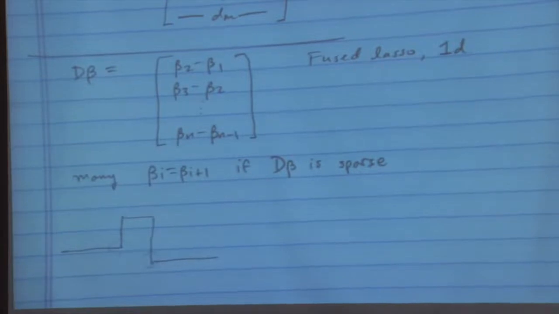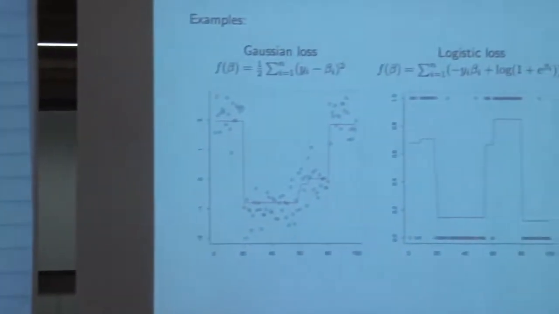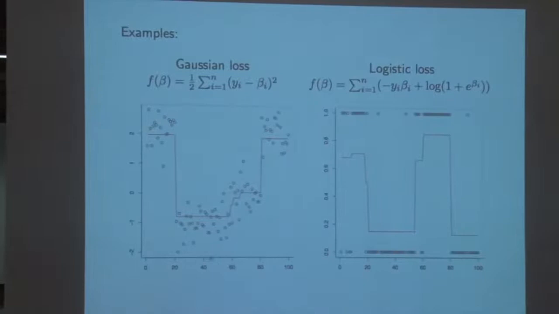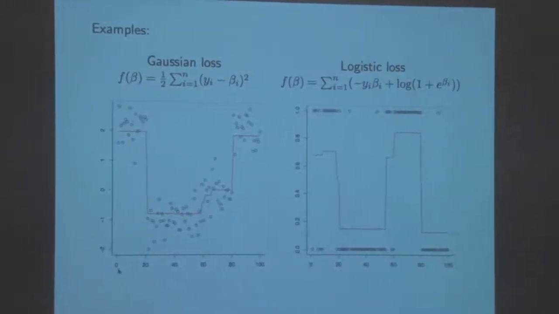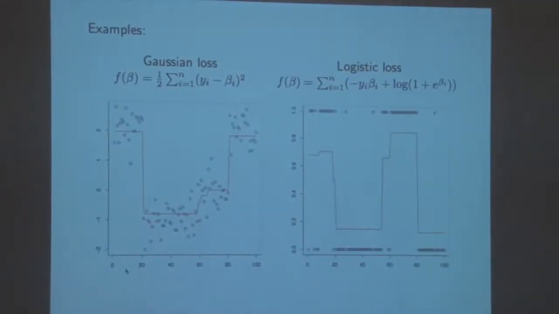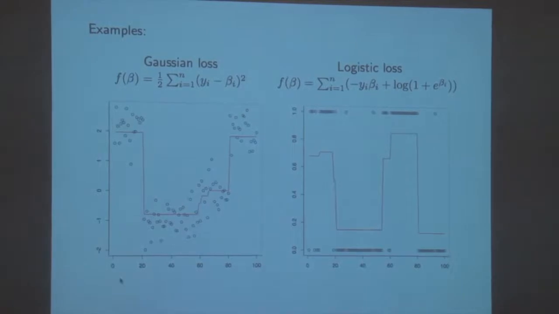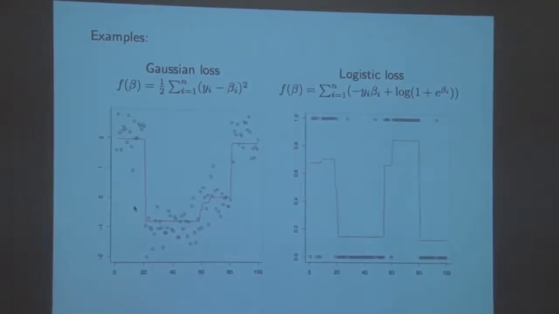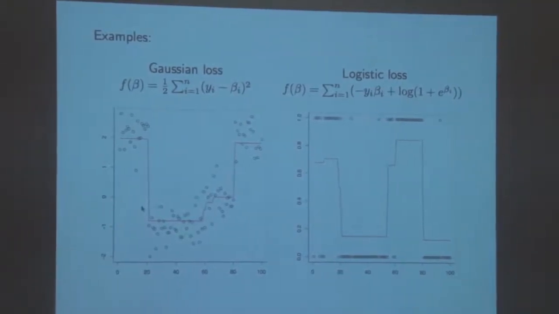So here are some examples of where you might apply this type of estimator. Let's suppose that we had a sequence of observations that were observed, say, across time or something, some linear structure, and we'll call those y1 through y100. And we believe that the underlying mean of those observations was piecewise constant.